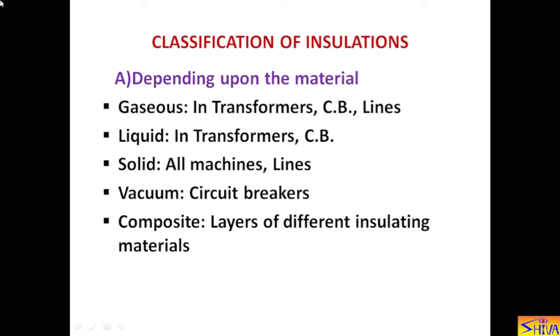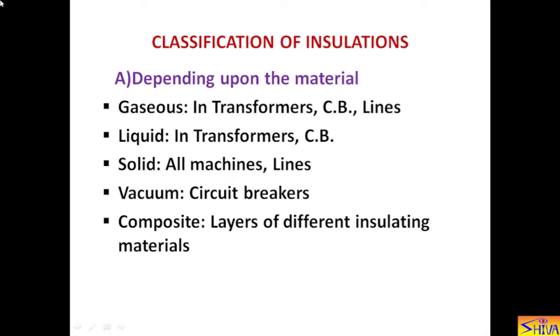In air circuit breakers, this air is acting as cooling medium, that is arc quenching medium, as well as when circuit breaker contacts are open, it is acting as insulation. In transmission lines, the insulation between the lines is air, so that is gaseous insulation.